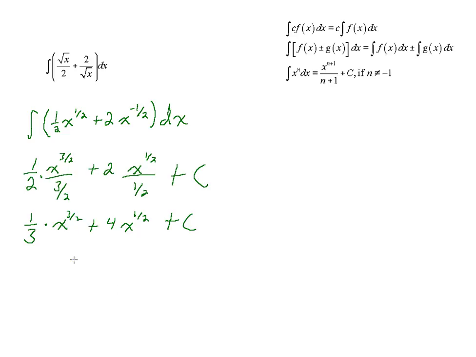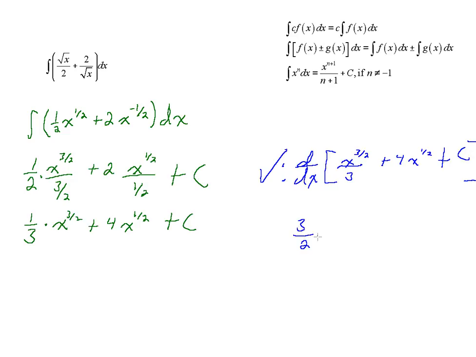So let's just check and take the derivative with respect to x of x to the 3/2 over 3 plus 4 x to the 1/2 plus that arbitrary constant c. And when we do that, we bring that power down in front, reduce the power by 1. 3/2 minus 1 is 1/2, and that was still over 3, so those are gone.